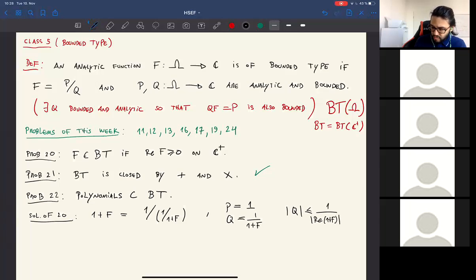Because the norm of q is equal to 1 divided by the norm of 1 plus f, which is bounded from below by the modulus of the real part. But this is positive and always greater than or equal to 1, because the real part of f is greater than or equal to 0. So that's actually less than or equal to 1. So p is less than or equal to 1, q is less than or equal to 1. Therefore, this finishes.